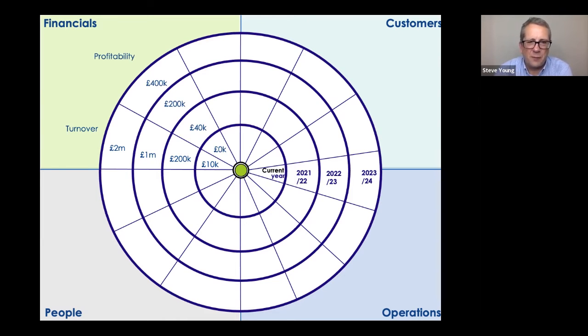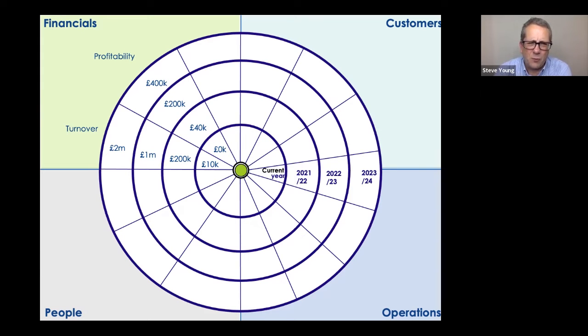What you do next is probably profitability. So in your second area there, what is your profitability at the moment? And that goes in your current year, in your innermost circle. And then I want you to look at your turnover in year 3. And I want you to think about what profitability would success look like? Maybe you want to make more profit than you are now.